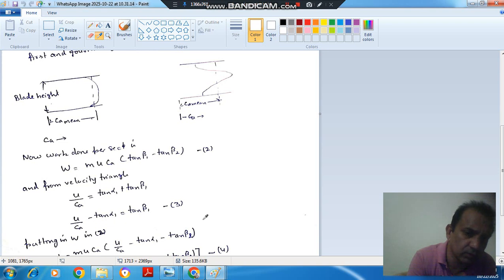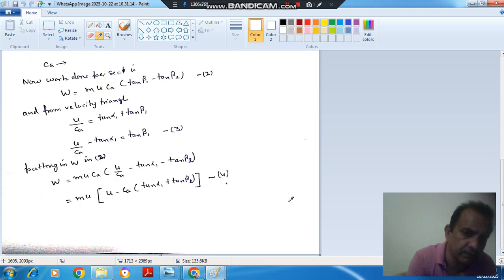Here if we put this value of tangent beta 1 in equation number 2, we get the expression mu [U minus Ca (tangent alpha 1 plus tangent beta 2)].